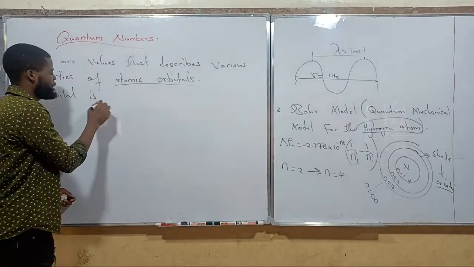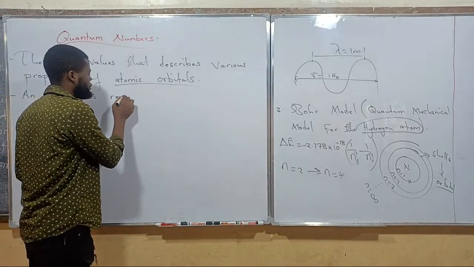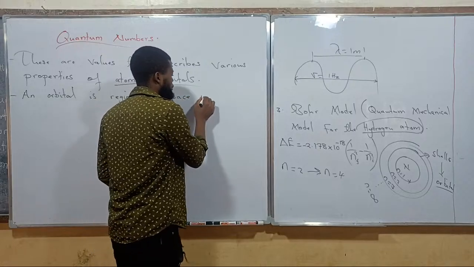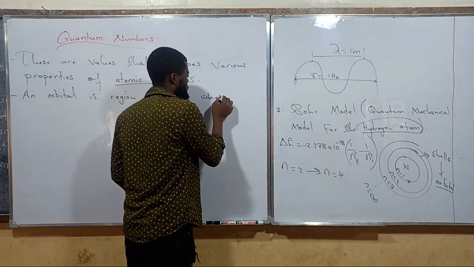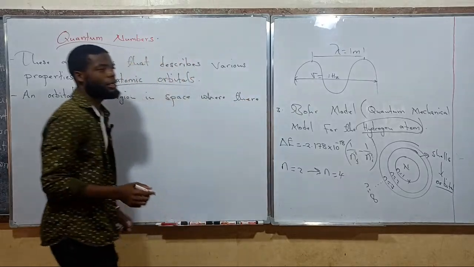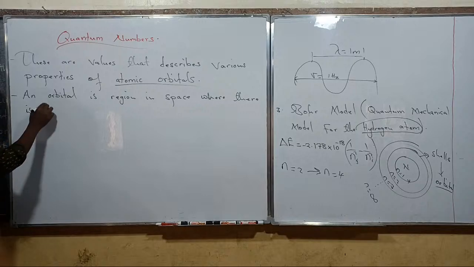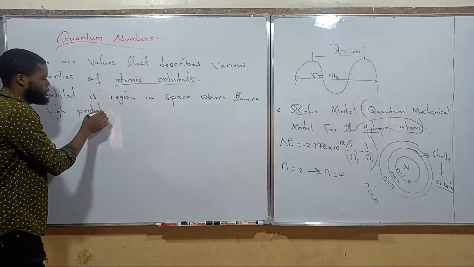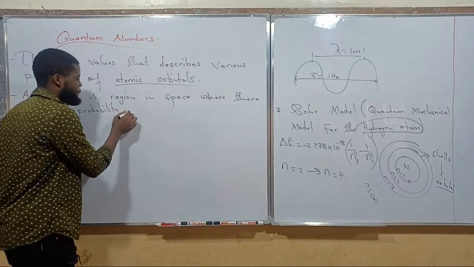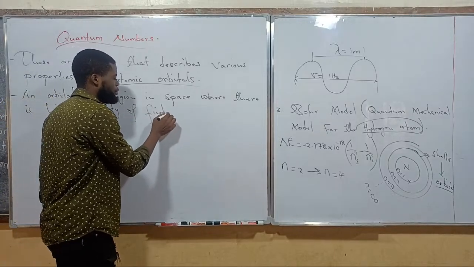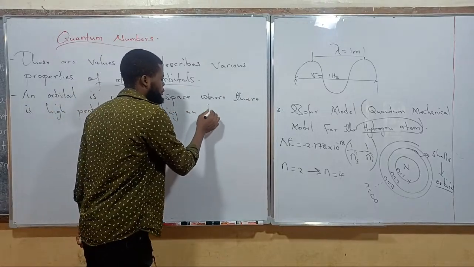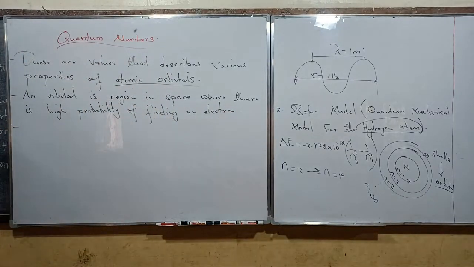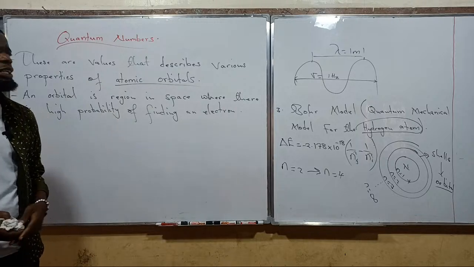An orbital is just a region in space where there is a high probability of finding an electron.